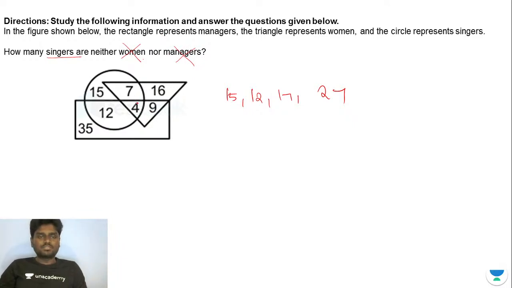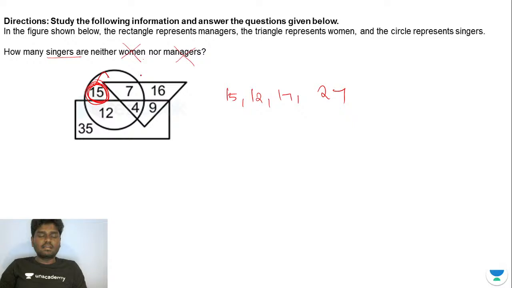What you can simply do just by looking at the figure, it is very clear that this part, which doesn't involve the women and the managers, right? This 15, they are the singers actually, right?